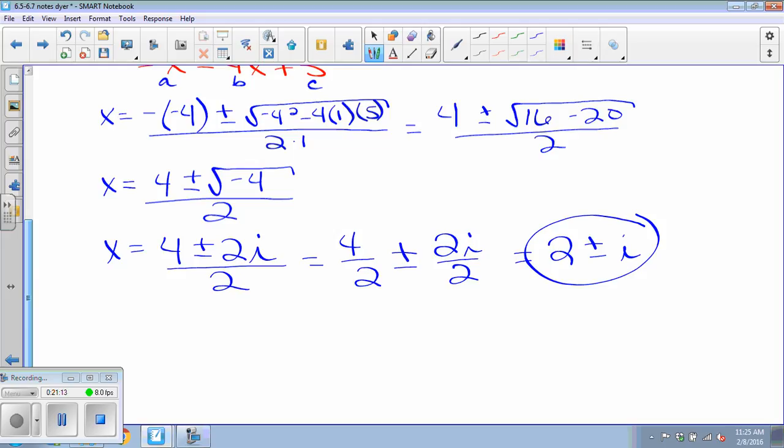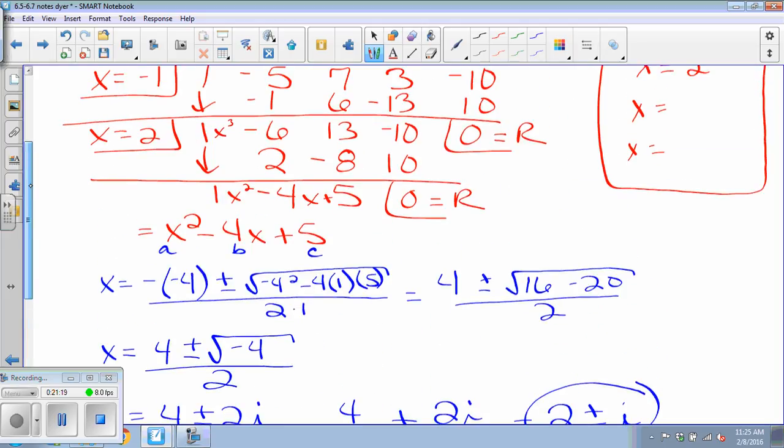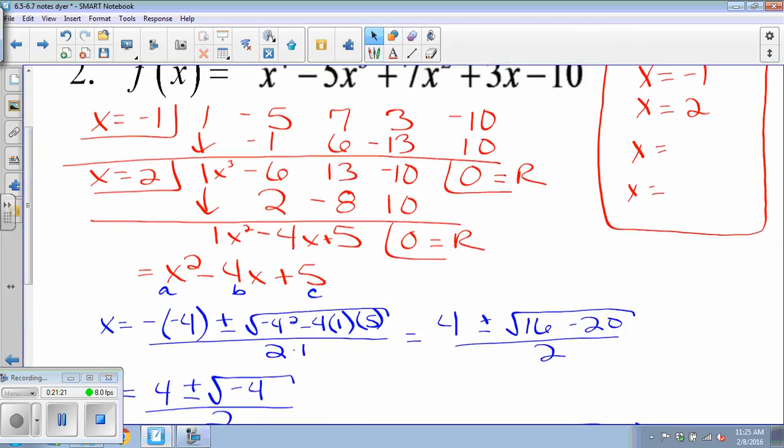Those are our other two solutions. 2 plus i and 2 minus i. Which makes sense. There's a reason why our table didn't give us those other two solutions. They're imaginary. Okay? Any questions?